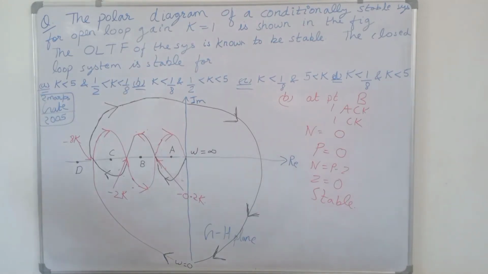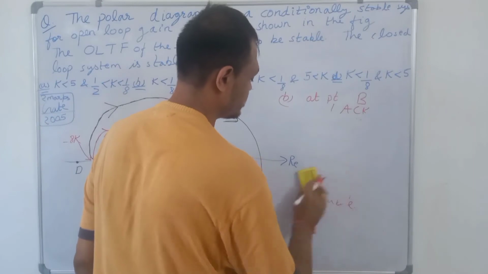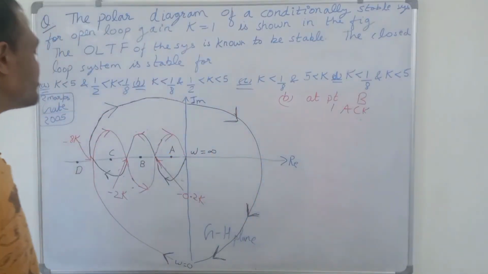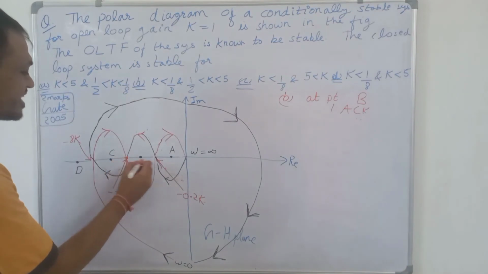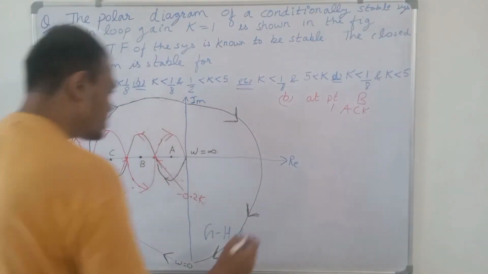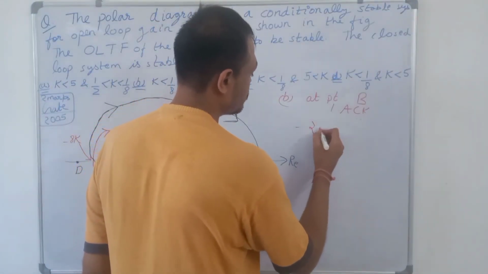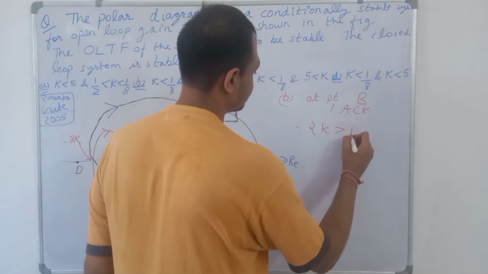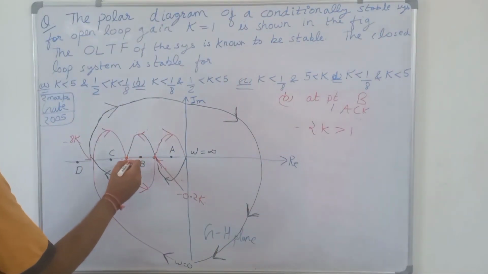Now we have to check for the condition of K. So if this is the condition, then 2k is greater than 1, because this is the critical point -1 plus j0, and this is the point -2k.